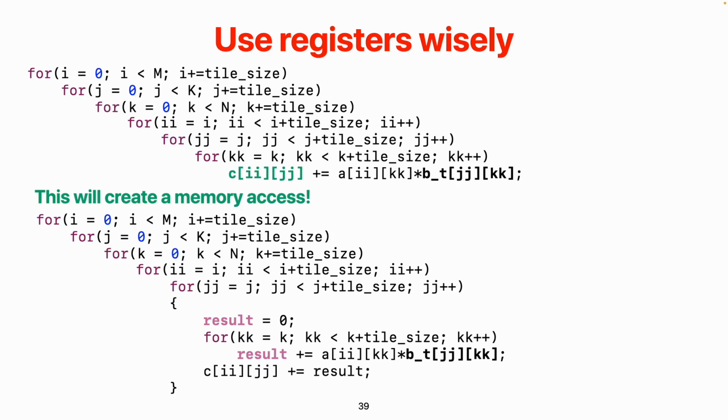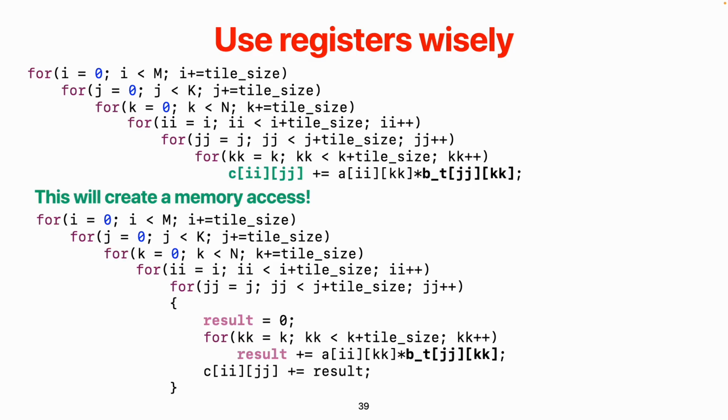If you know C well enough, here's the general guideline. If you have an array, that's typically memory accesses. If it's a global variable, very likely memory accesses.